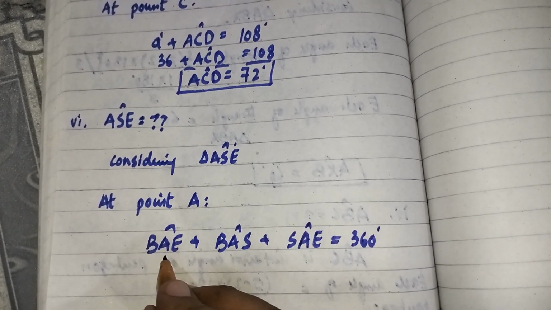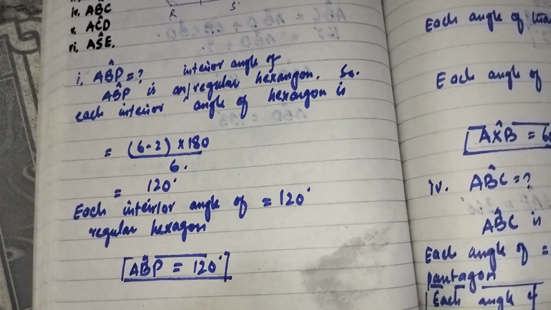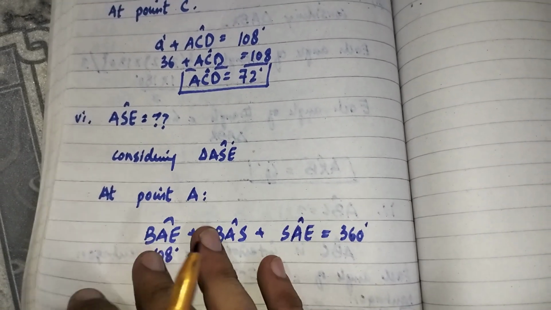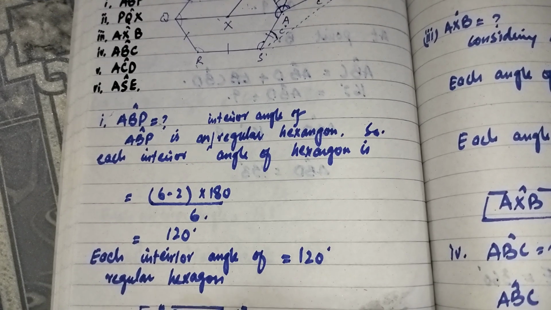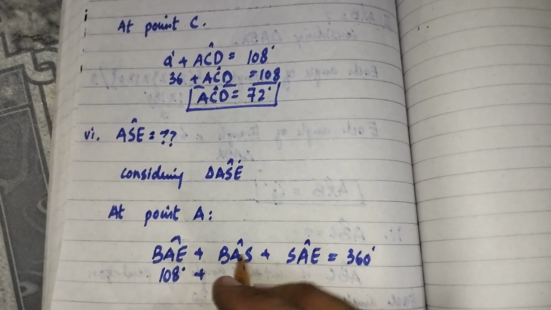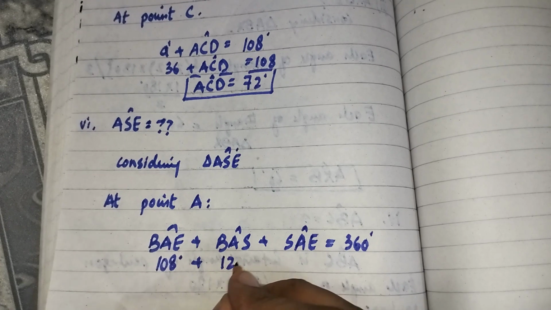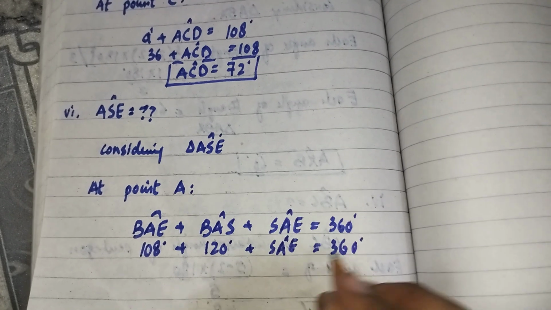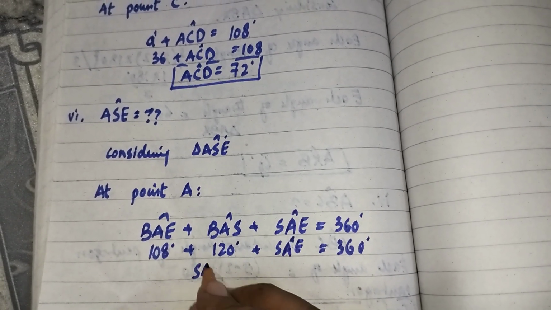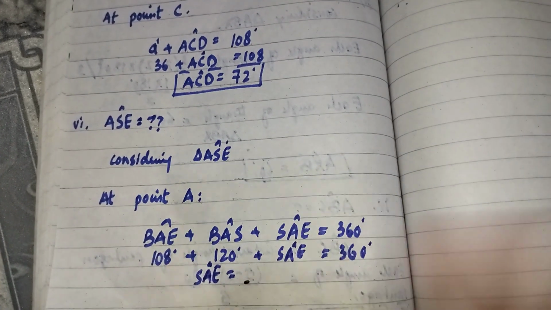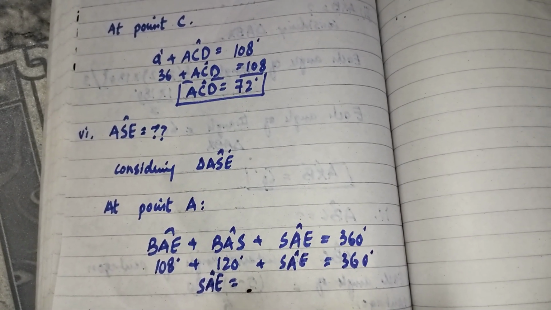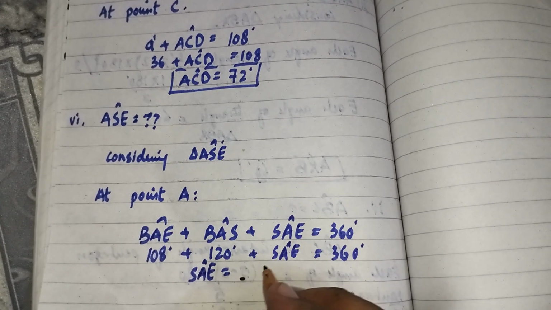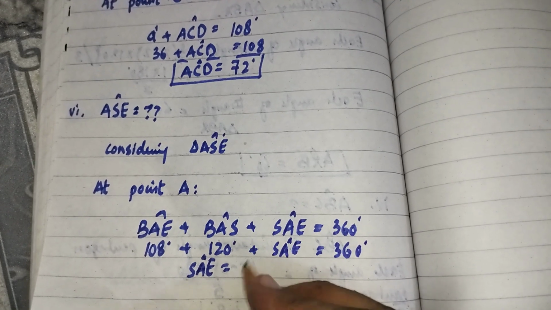BAE is the interior angle of the pentagon, which is 108 degrees. This is the interior angle of the hexagon, which is 120 degrees. And we have to find this angle SAE. So SAE will be equal to 360 minus 108 minus 120, which is 132 degrees. SAE will be equal to 132 degrees.